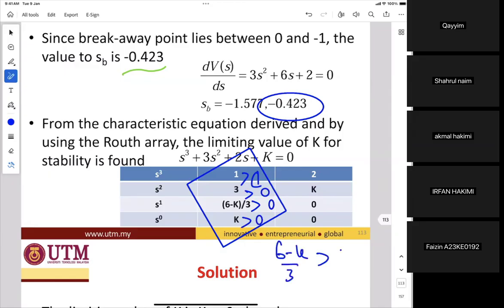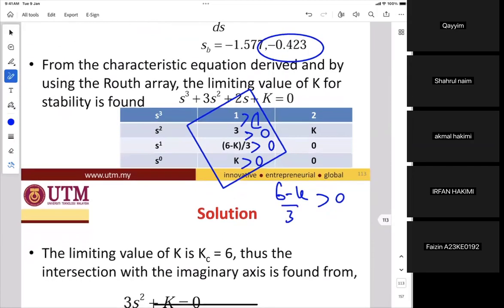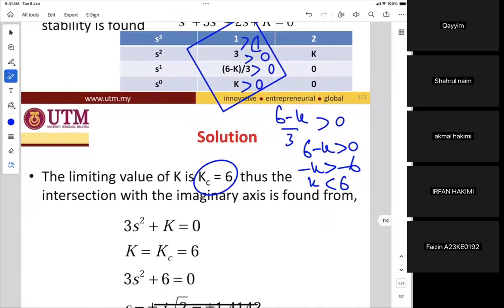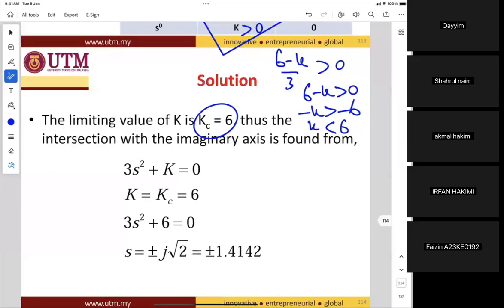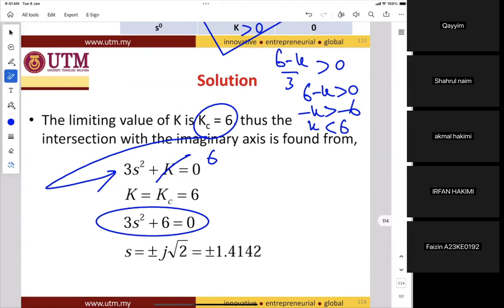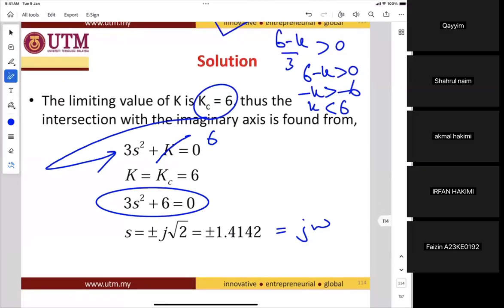Over 3 greater than 0. 6 minus K greater than 0, so K less than 6. So K critical is K equal to 6. When you insert into the equation and replace this with 6 and simplify, you will get plus minus j 1.4142.